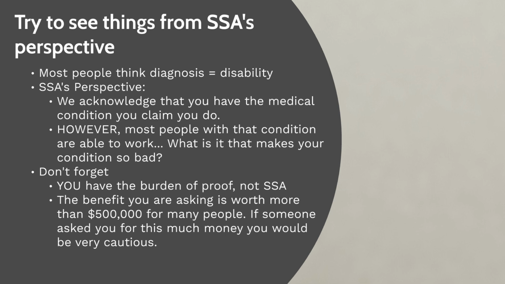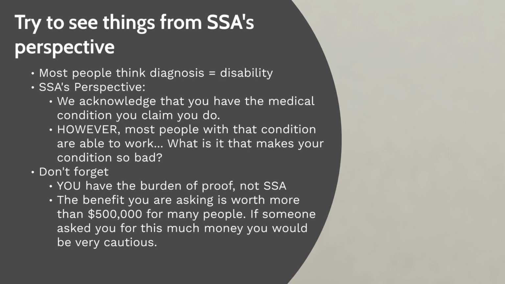Well, when you're asking for your disability benefits, you're essentially asking for your Social Security retirement 20 years early. Let's say the average benefit between your monthly check and the insurance is easily worth $2,000 a month. Okay, $2,000 a month, 20 years early, that's about $500,000 of benefits that you're asking for.